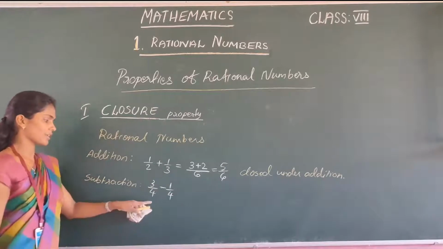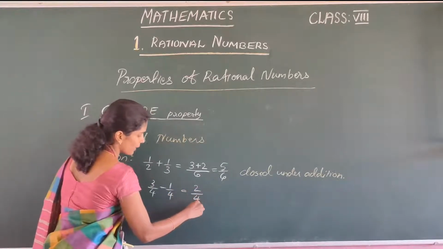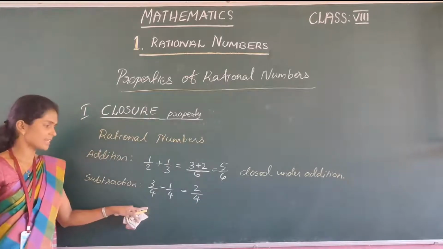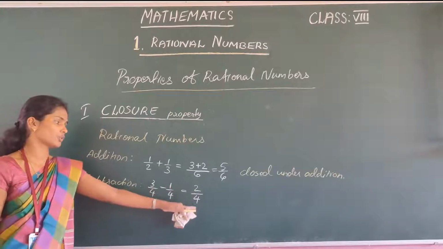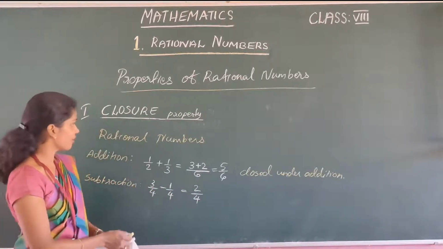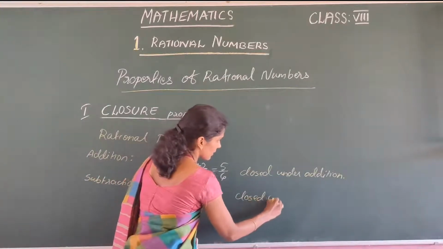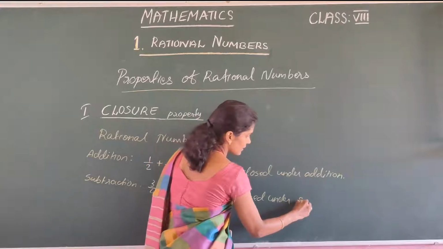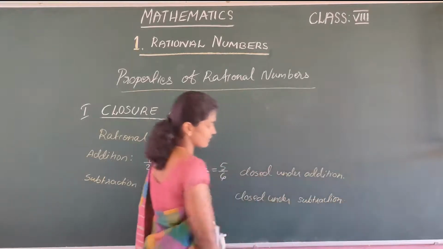Take the subtraction of these two. Here the denominators are the same, so we subtract the numerators only. 3 minus 1 equals 2 by 4. This is actually 1 by 2. This is a rational number. Therefore, rational numbers are closed under subtraction.